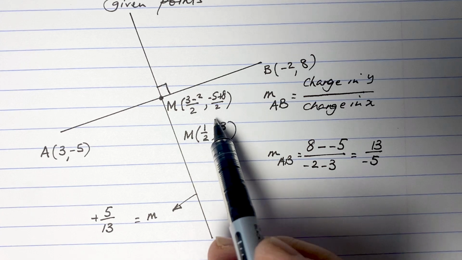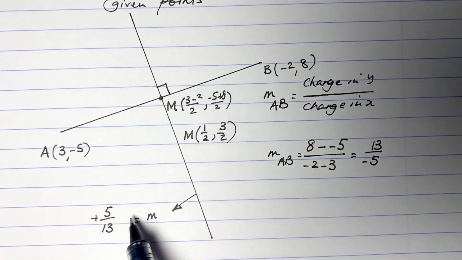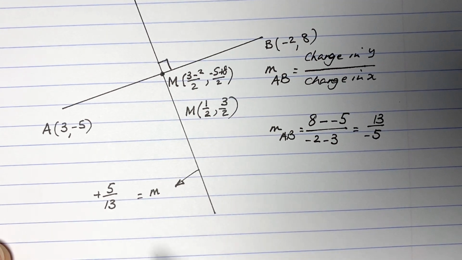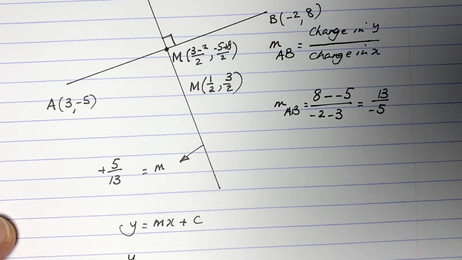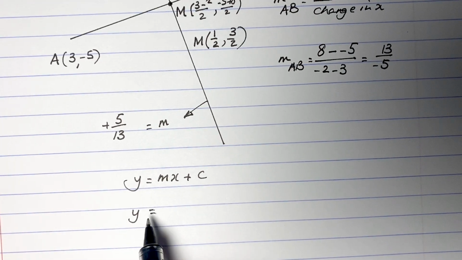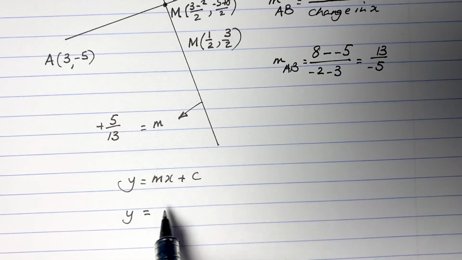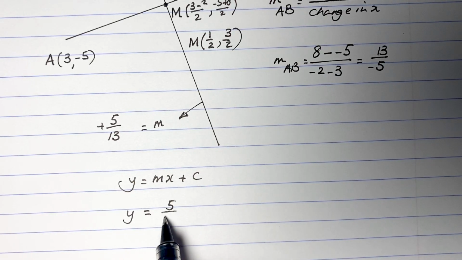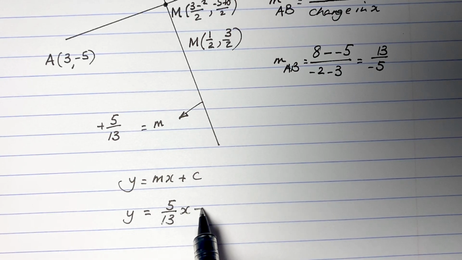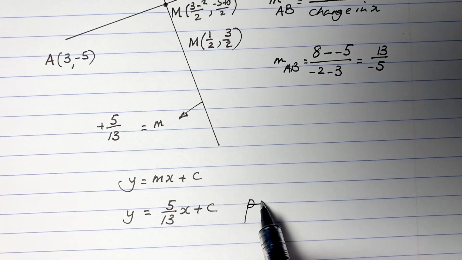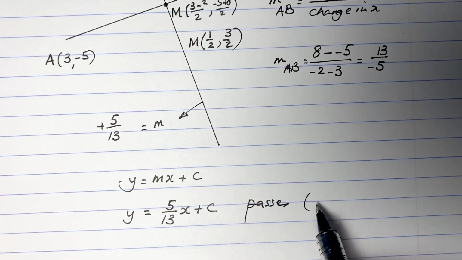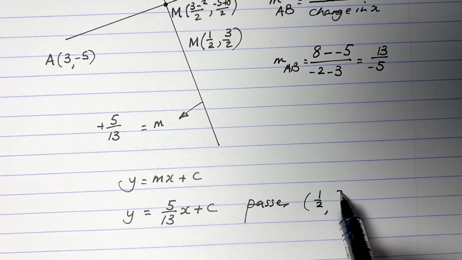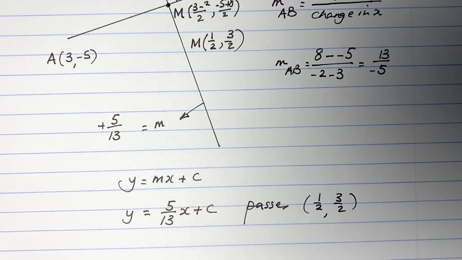So I know what point it is going through and what gradient. So that would be just as in previous examples, y equals mx plus c. Y equals 5 over 13 x plus c, which passes through the point half, 3 over 2.